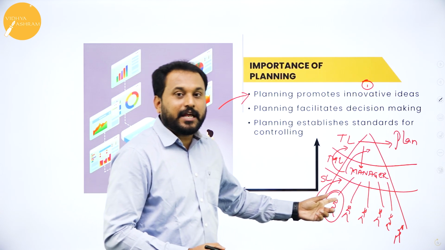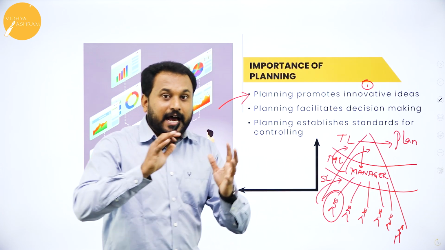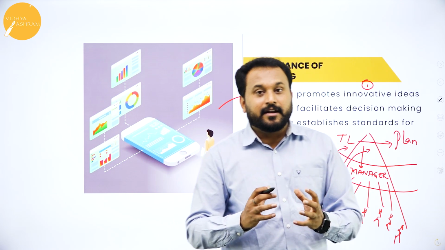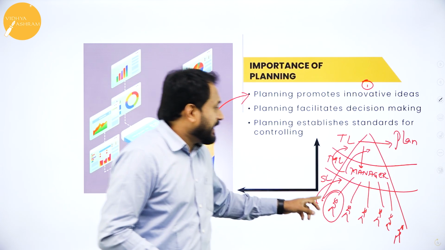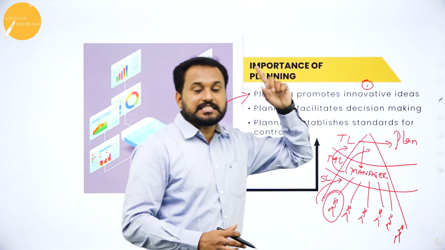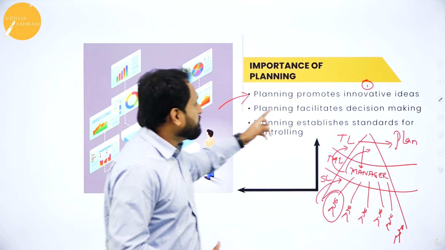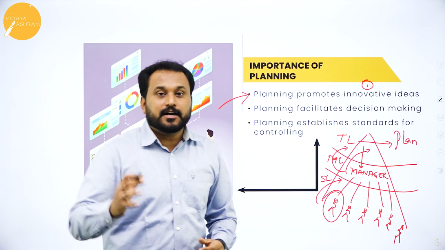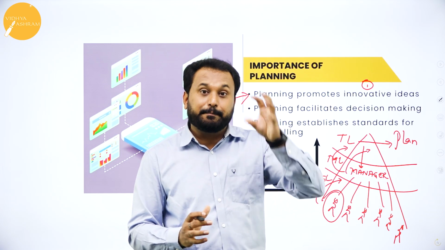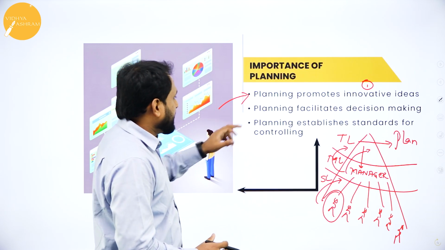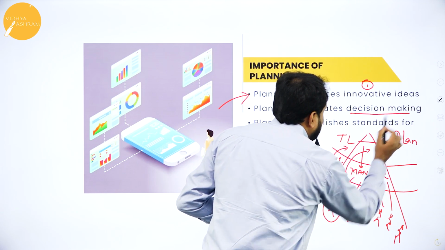Now again, if the plan is very good and innovative ideas have come, planning will lead to success. This is what it is. Planning always promotes innovative ideas because you will get to know what is the best course of action. The second one is planning facilitates decision making.